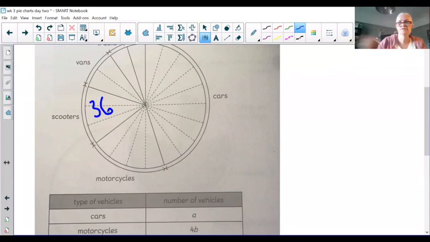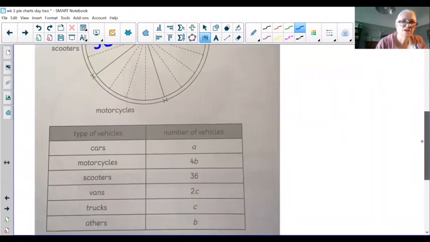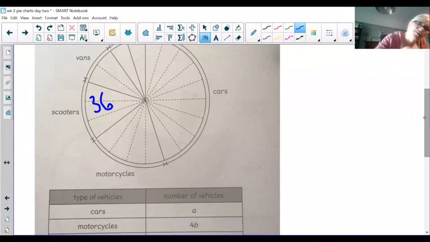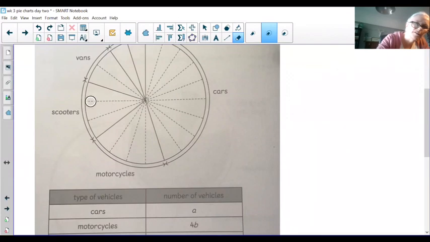Okay, take your video off pause. There are a couple of ways you can do this. We know that scooters are 36, and we know that that is 3 segments. You have a look, it's 1 there, going to about that 36. 1, 2, 3 segments, okay, and that's those 3 segments.